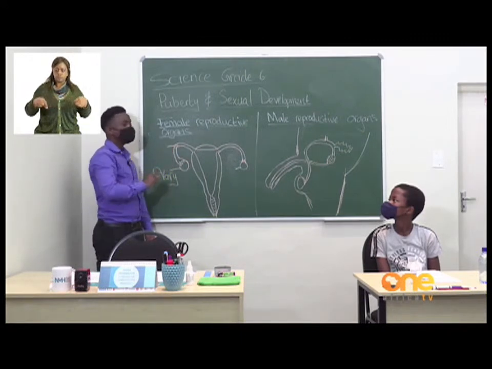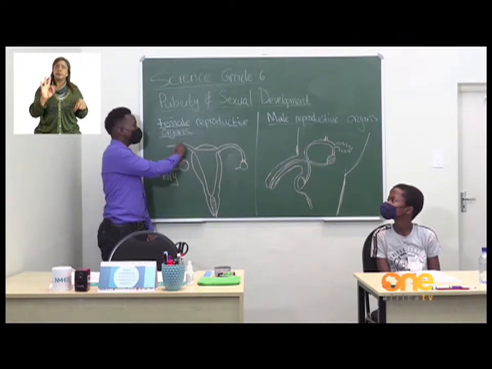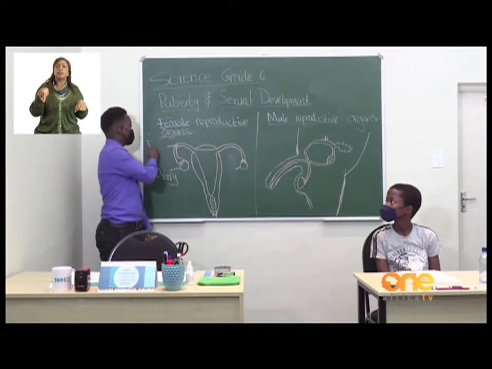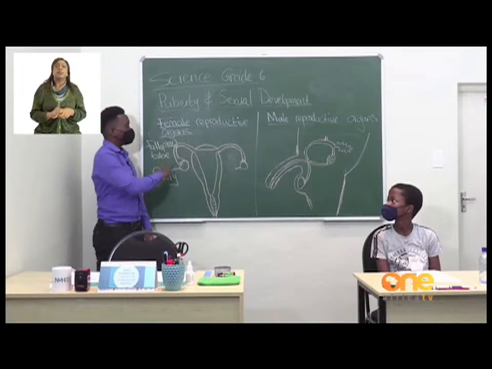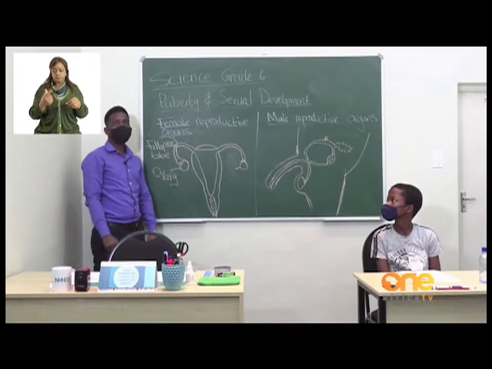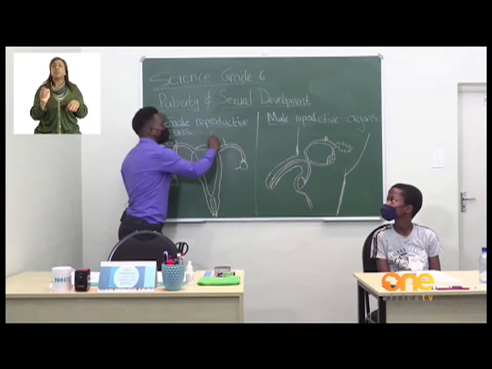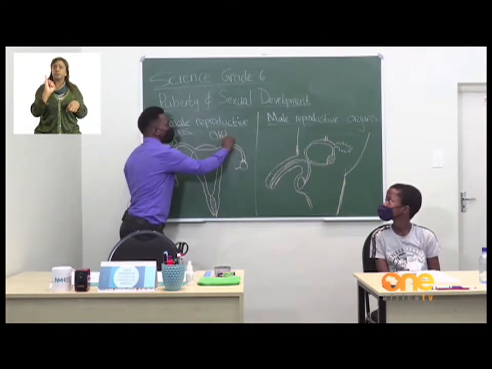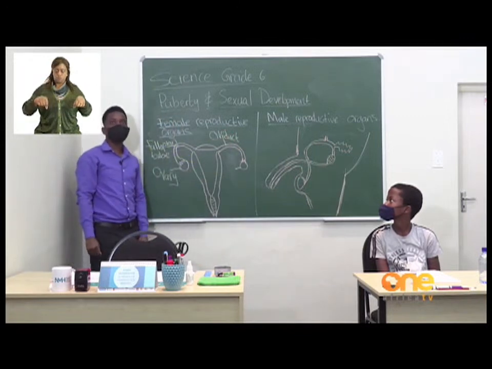It is actually a tube that is coming from the ovaries, and it goes all the way to another structure. This structure is known as the fallopian tube. And there are also two sets of these. Another name for the fallopian tube is the oviduct.